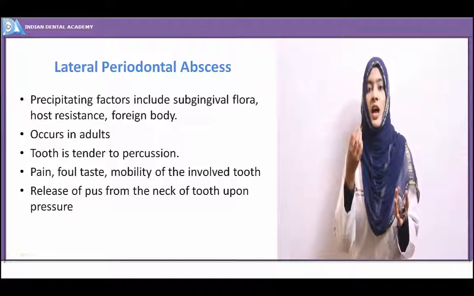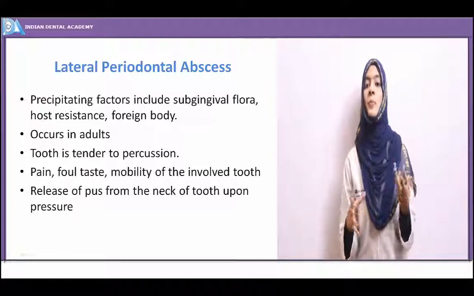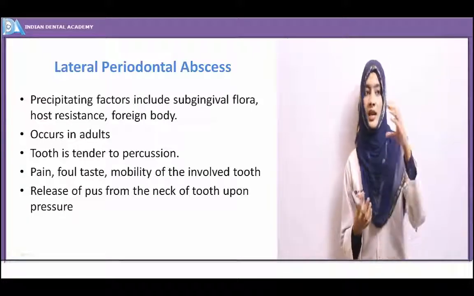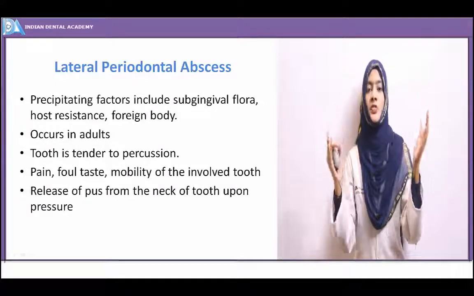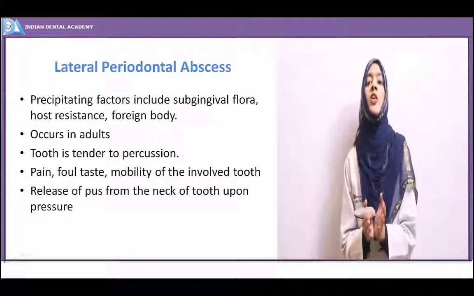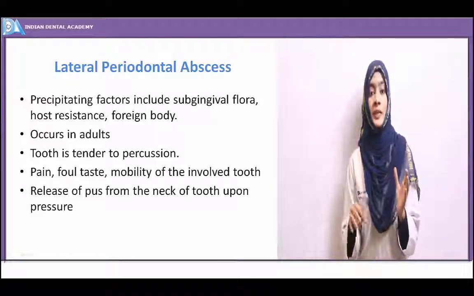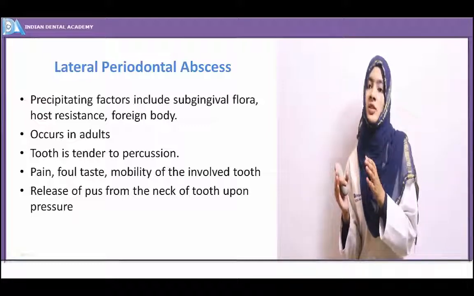If there is deposition of microorganisms or food materials, obviously microorganisms will be present in the periodontal pocket, and the orifice is just closed, so it forms a focal area of suppuration, a focal area of inflammation. The inflammation just progresses with rapid development of polymorphonuclear leukocytes, and suppuration and abscess formation occurs.